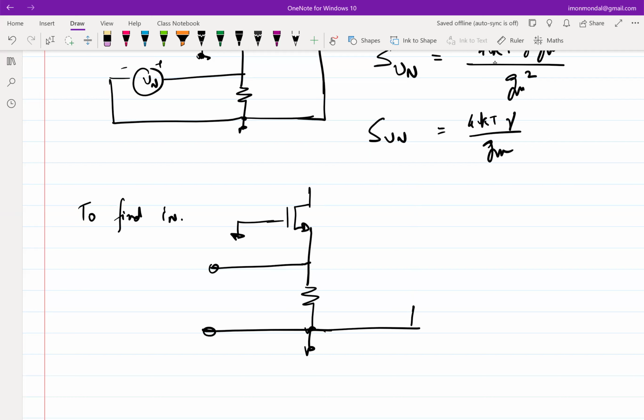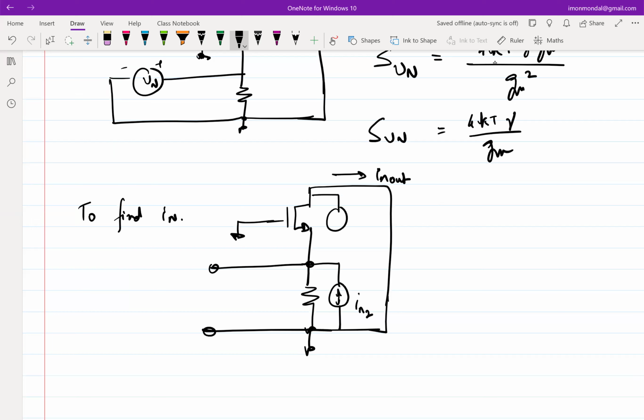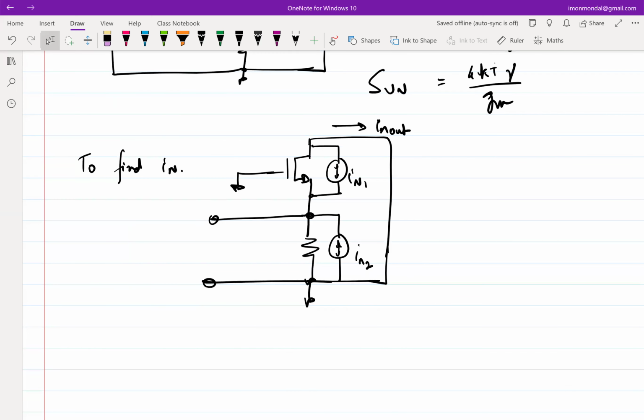Now I'm going to find out the total output noise again.